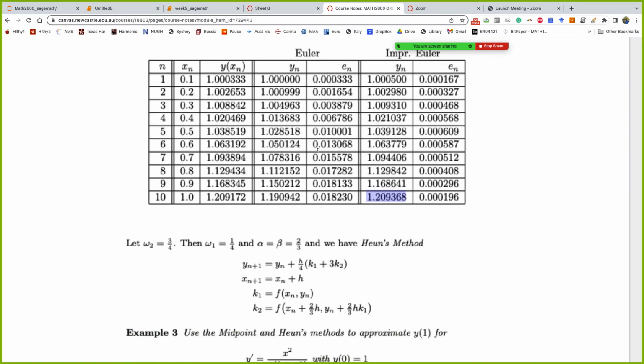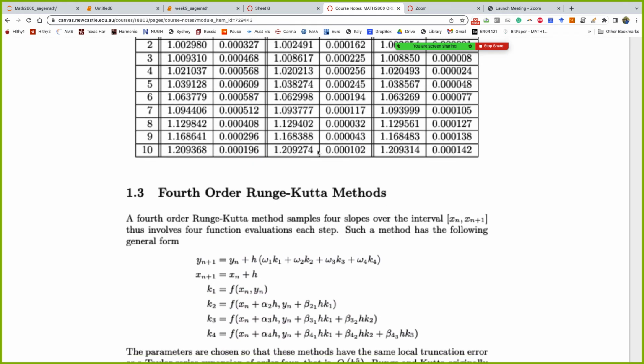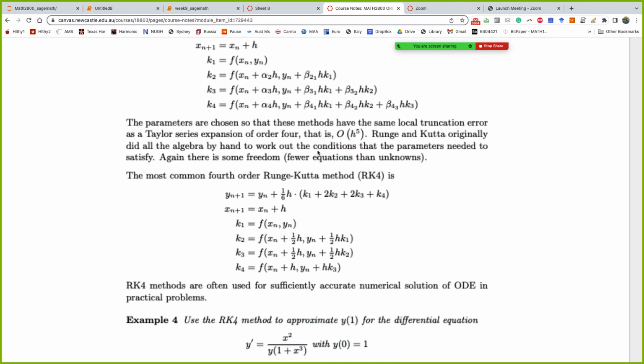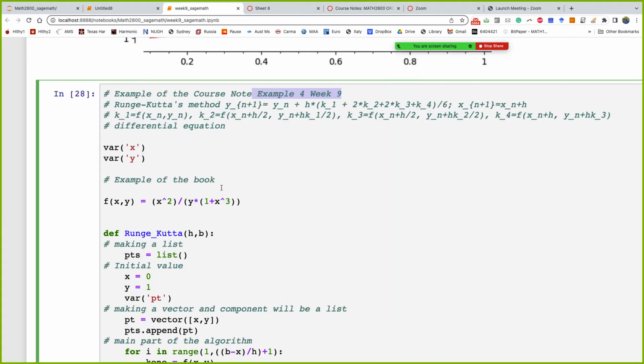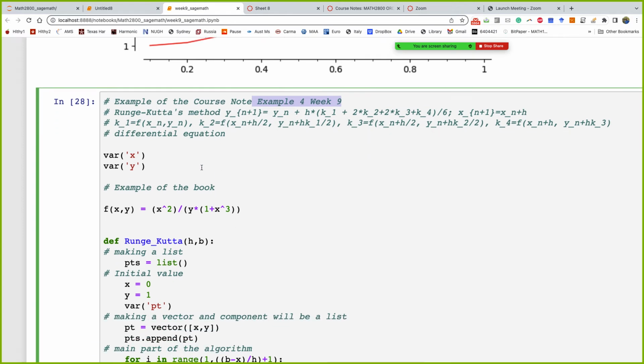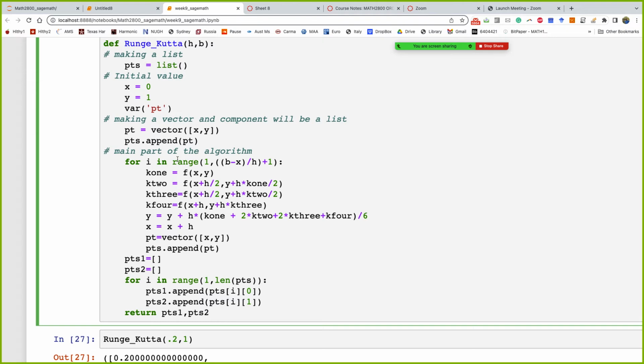So let's go here, example 4. It's the same question, so we can use Runge-Kutta. The same story is going on here, except this part will be changed.